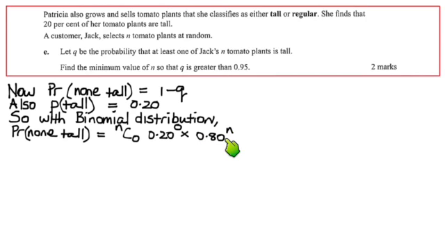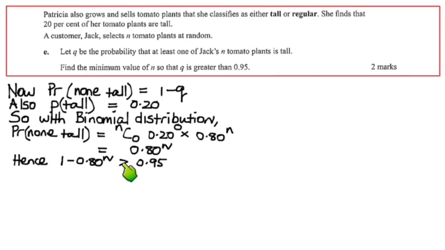Now this is 1, that's 1, so we've just got 0.8 to the n, all right? Now that's the probability that none are tall. Therefore the probability that at least one will be tall is going to be 1 take away that, okay? And we want that to be greater than 0.95.